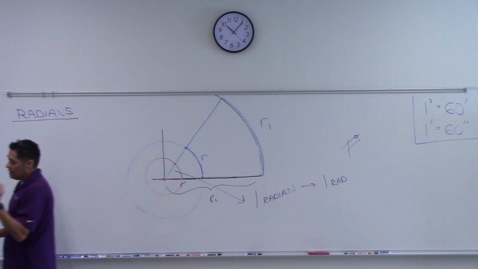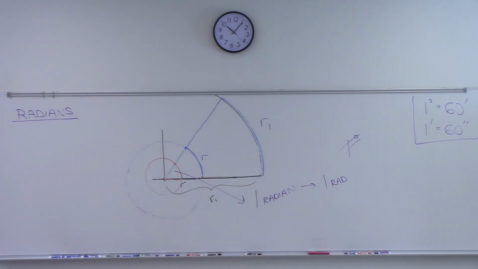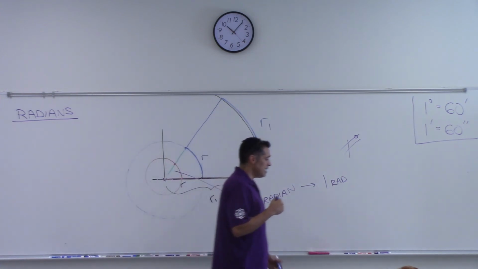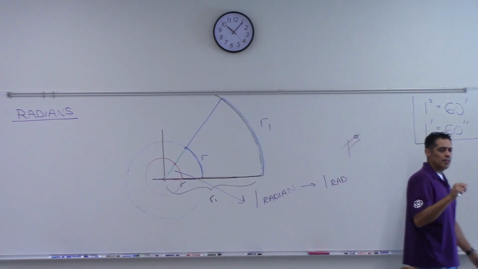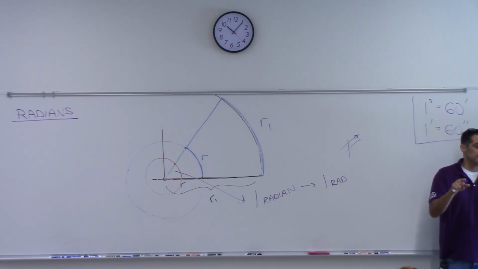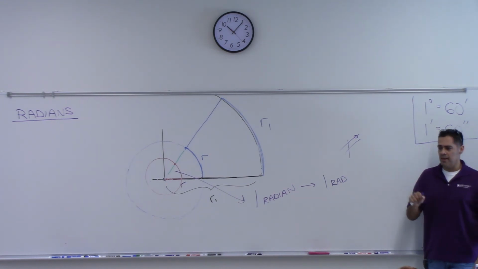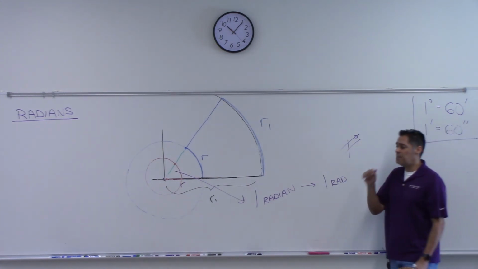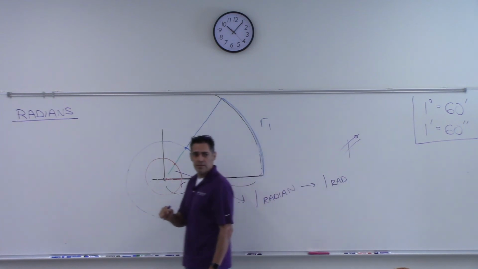But I need to warn you, if you're ever doing a problem and they give you, hey, the angle is 4, and they don't say degrees, it is assumed to be radians. All angles are assumed to be in radians unless it's specified that it's degrees.